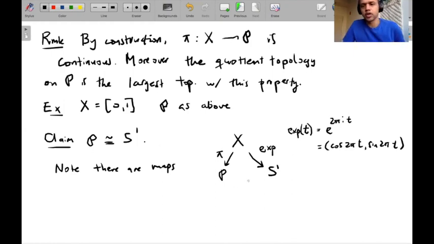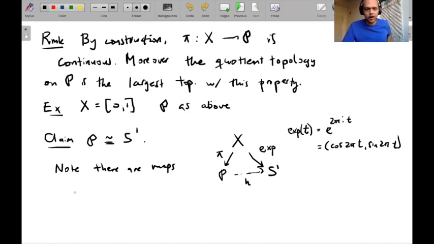To show that these are topologically equivalent, we want a map H which is a topological equivalence.